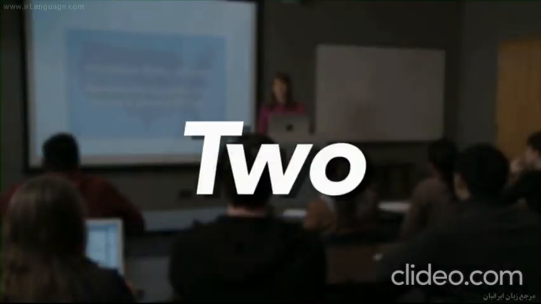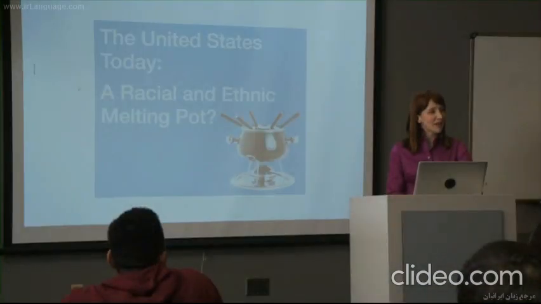Metaphors are figures of speech that help us understand complex ideas. They're a kind of comparison. A melting pot is a large metal pot, a kind of container, that's used for melting things such as different metals or foods.